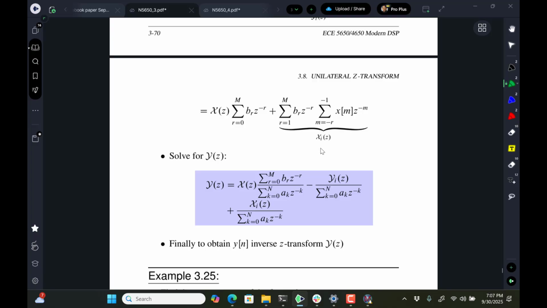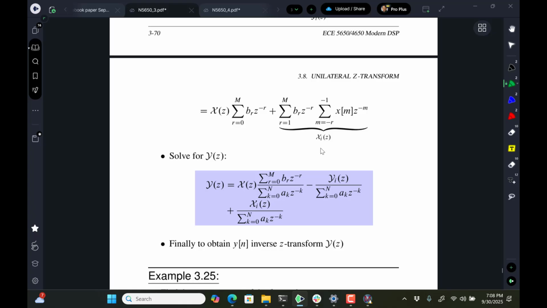When you have a one-sided z transform and you want to get Y of z, the convolution theorem would say X of z convolved with the impulse response becomes X of z times H of z. This is the ordinary H of z for a rational system, and it gets us Y of z. So if there are zero initial conditions, this is what the convolution theorem says: X of z times H of z.